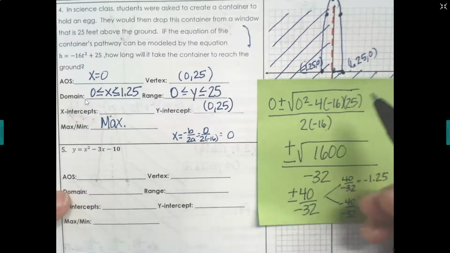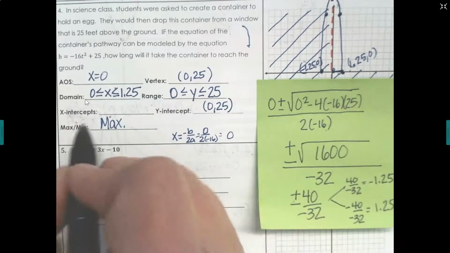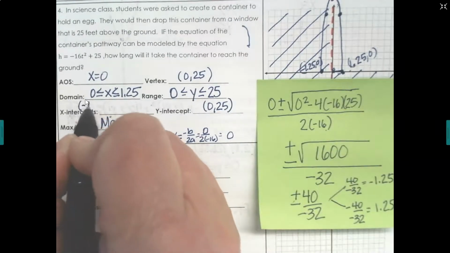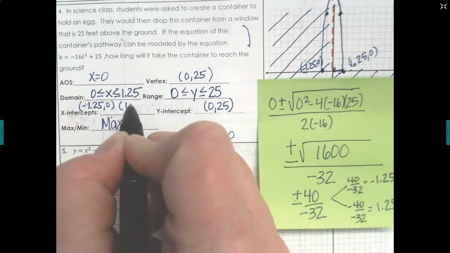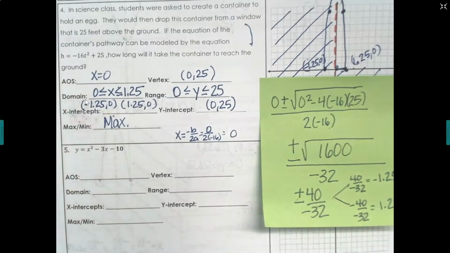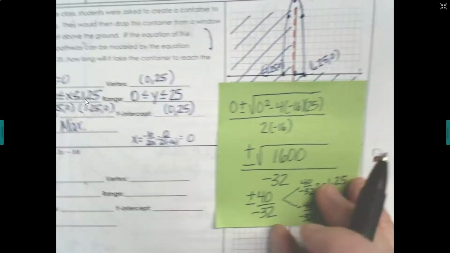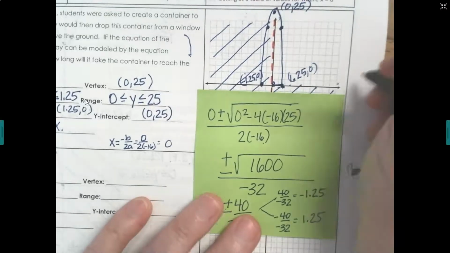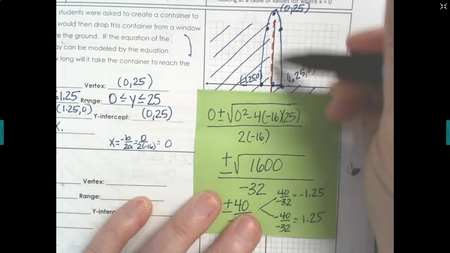Now for our x-intercepts, we have two. Only one of them happened in the real world. We'll go ahead and list both of them right now. Negative 1.25, 0. And 1.25, 0. So the question is, how long will it take for the container to reach the ground? The question had said, this is time, and this is height.